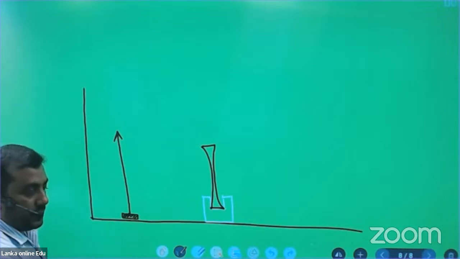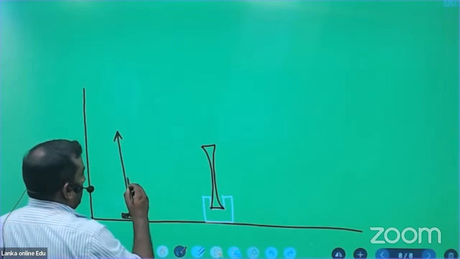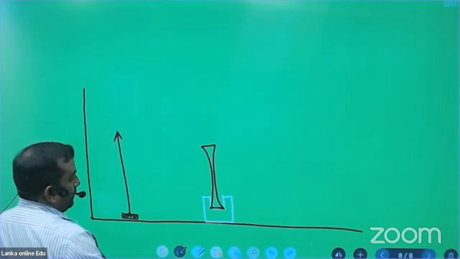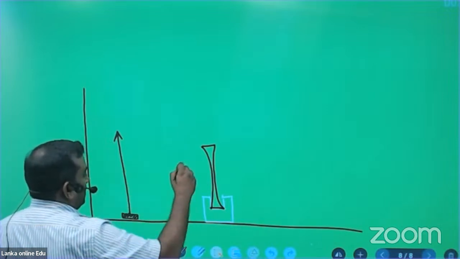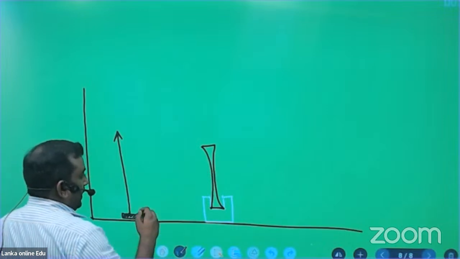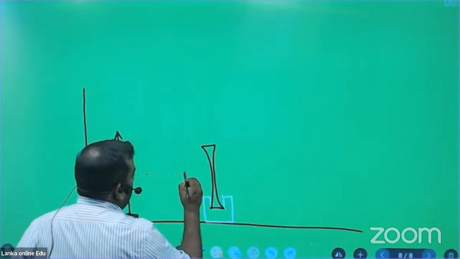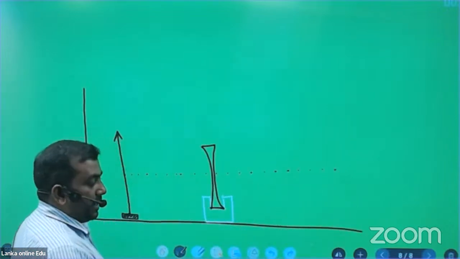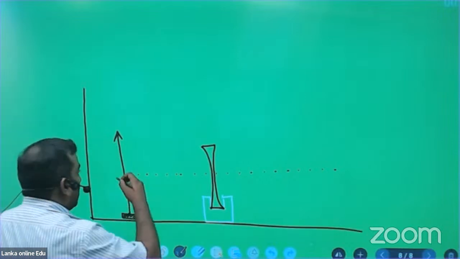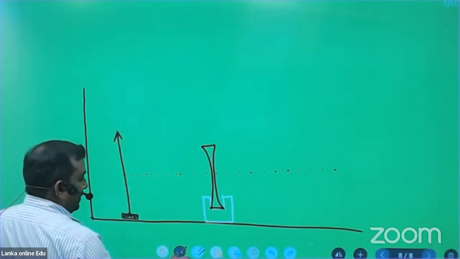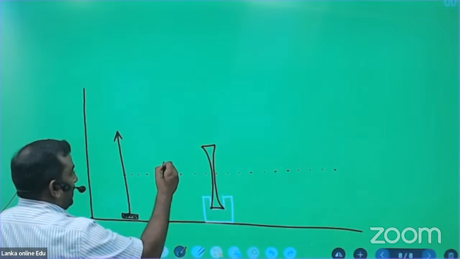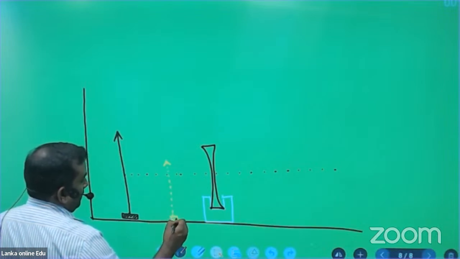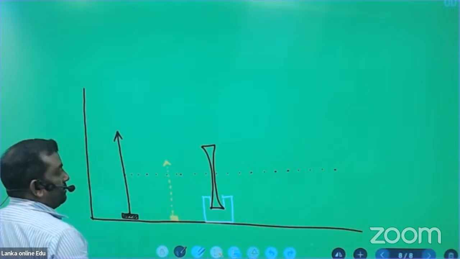When we use a tall optical pin, when light rays pass through, you will sometimes get a diminished image. The taller it is, the better. Then your diminished image will be like this.